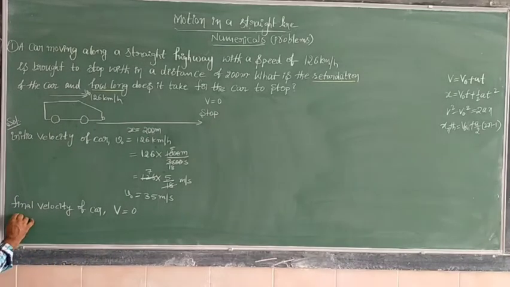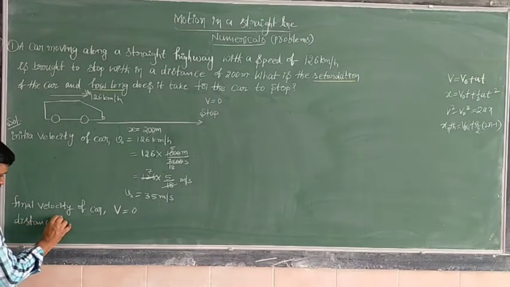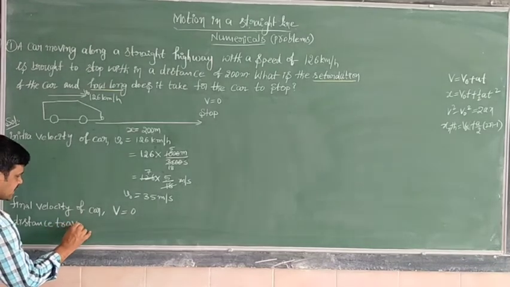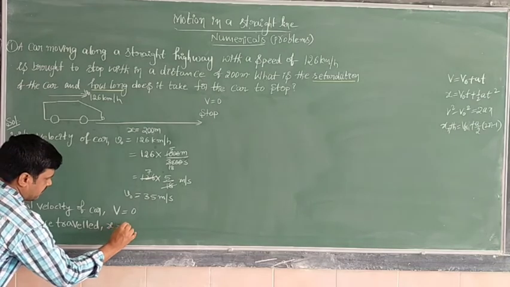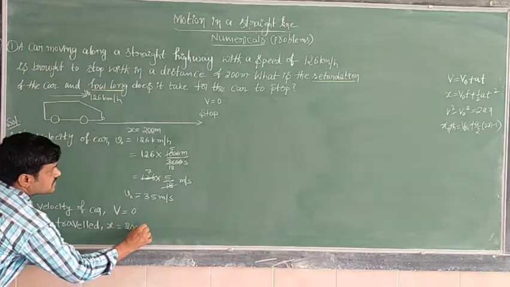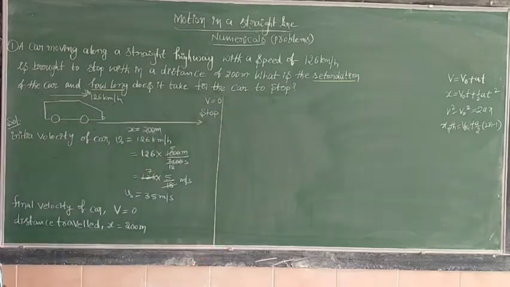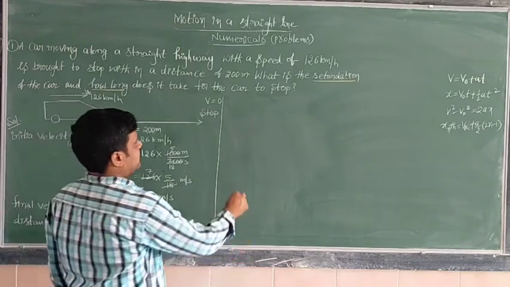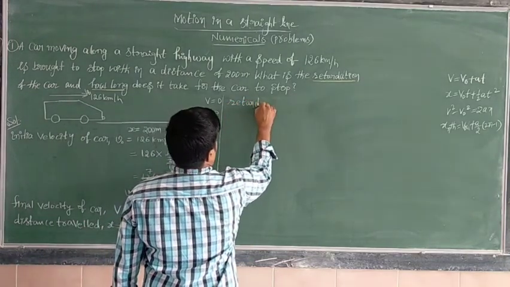Now the distance traveled. What is the distance traveled by the car? Distance traveled by the car is 200 meters, of course, they have given that. Next one, what is the question here? Retardation, which means negative acceleration.